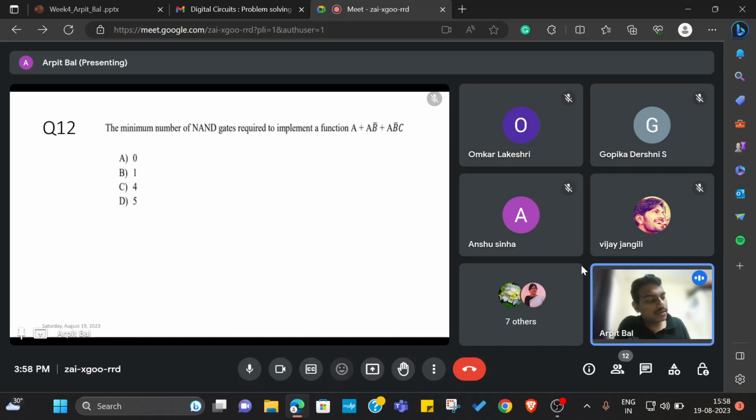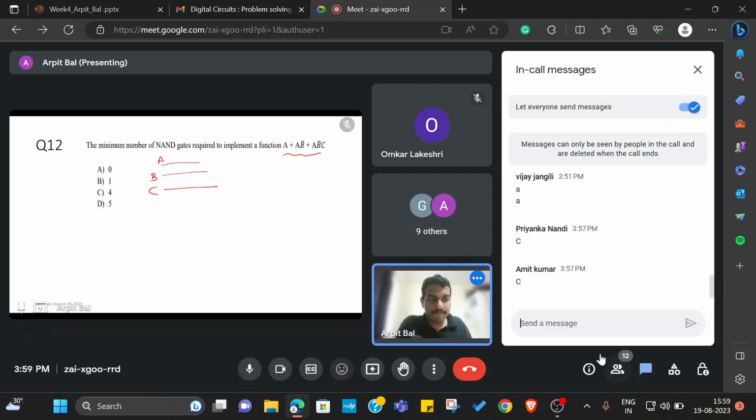Let me tell you one more assumption. The assumption is the variables A, B, C are already available to you, and you have to implement this function. Can someone try to simplify this?